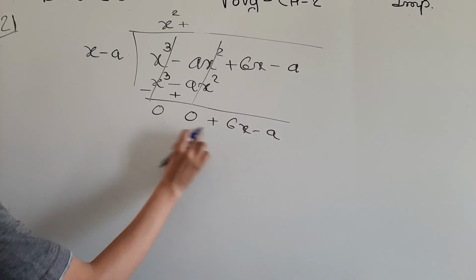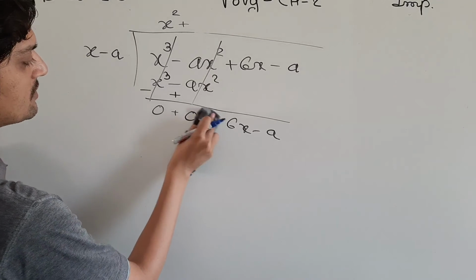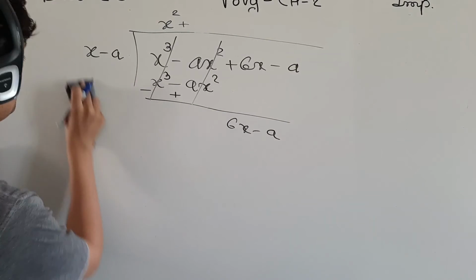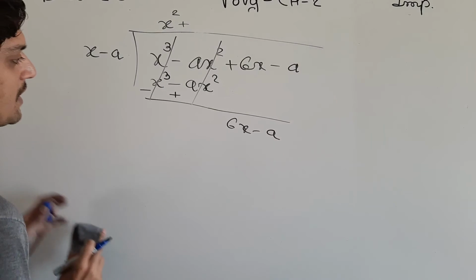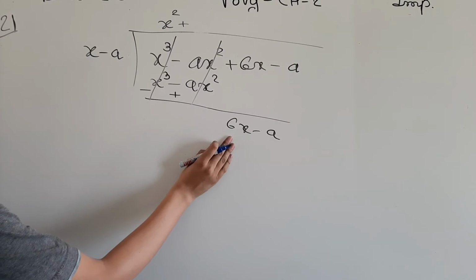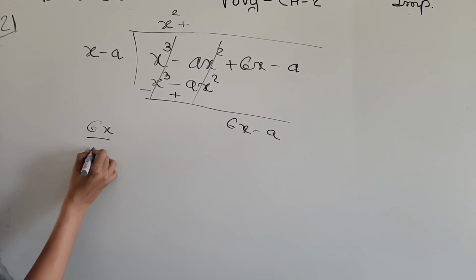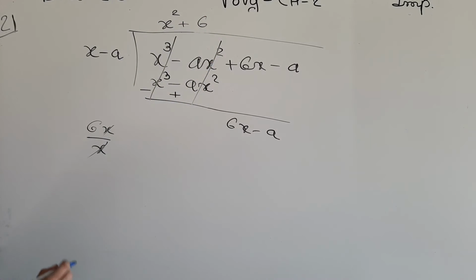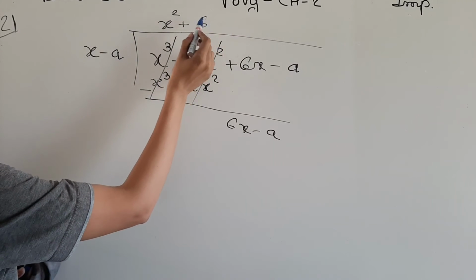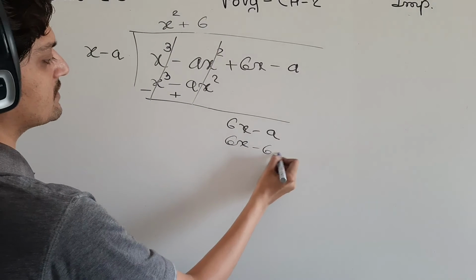This is our first step, and we divide the first term of p of x by the first term of g of x. x cancels, 6 remains. 6 into x is 6x, 6 into minus a is minus 6a.